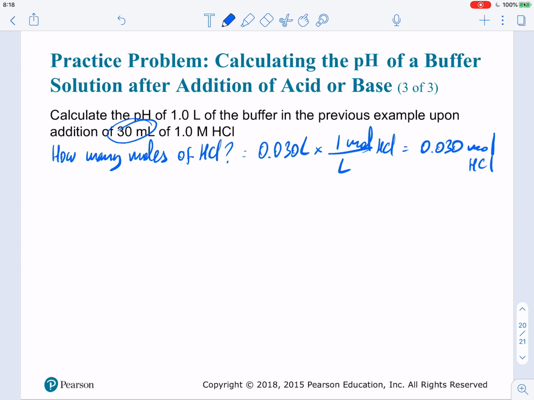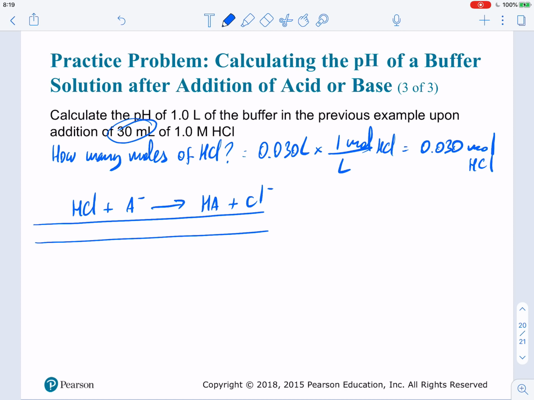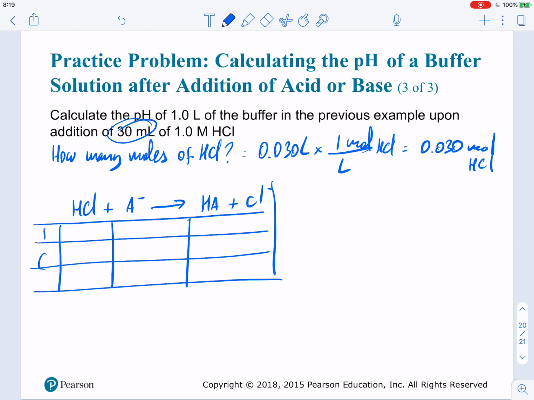Now in this particular case, because you are adding acid, we should write the reaction as HCl plus A minus that goes to HA plus Cl minus. And we are not interested in the Cl minus. So initially you have 0.03 of HCl, you have 0.1 of the conjugate base, you have 0.1 of the acid, and we don't care about the chloride.